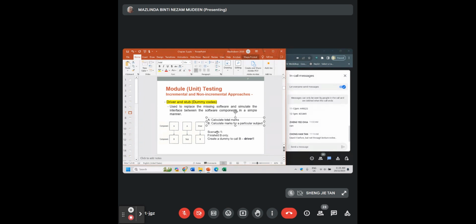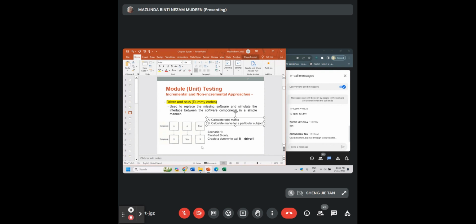I need these lower level marks first, then only can I do the total calculation. So in scenario one, we have finished B, which means we have completed component B, where we are able to calculate the marks for each individual subject. But we did not complete the code for component A yet.